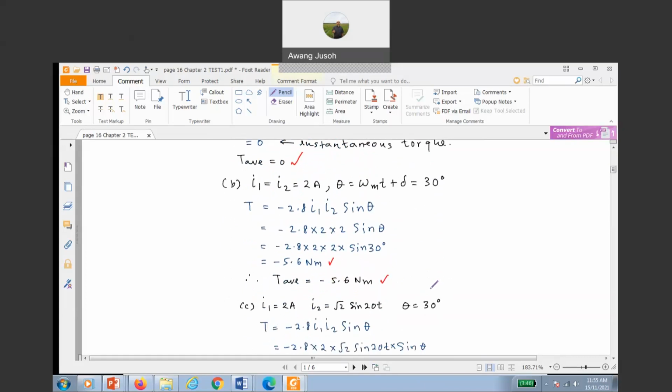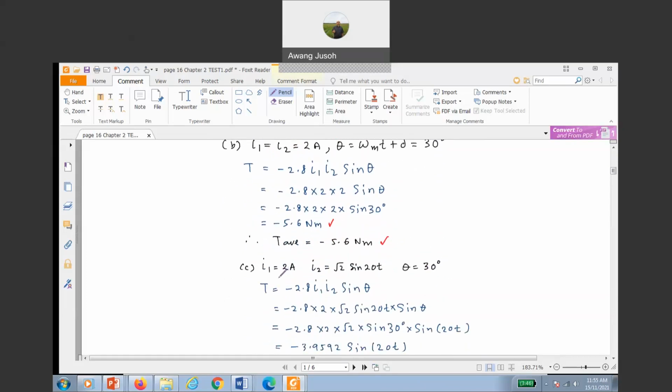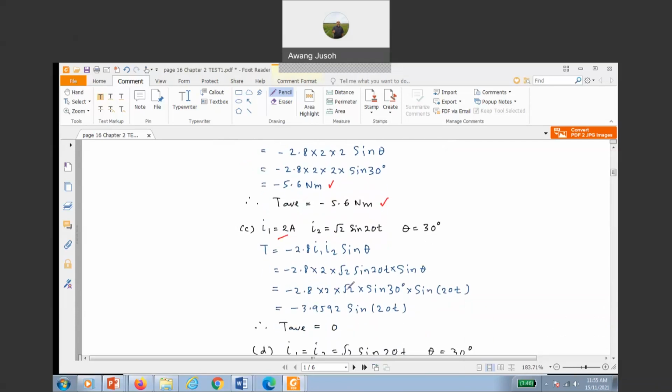Okay, and part C, when we inject DC current 2 ampere at winding 1, and we inject alternating current, a sine wave, sine 20t, for the second winding. Then just substitute I1, I2. We have this equation, we get negative 3.959 sine 20t. So based on this instantaneous torque equation, we know the average torque equals 0. There is no torque produced with this kind of current.